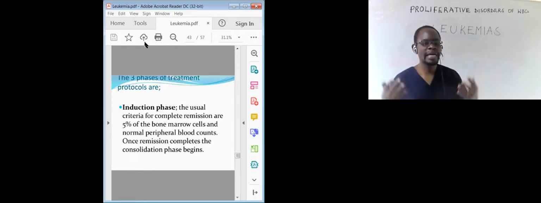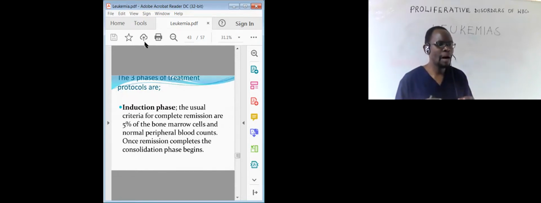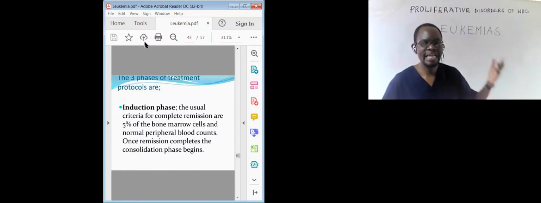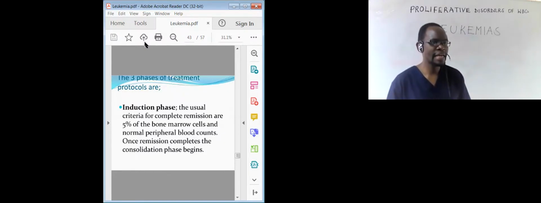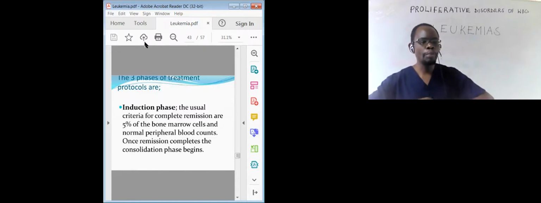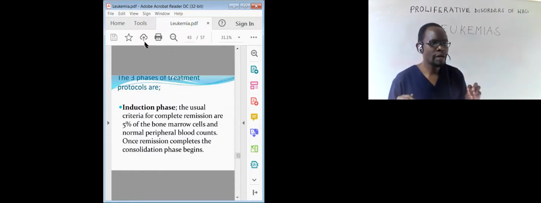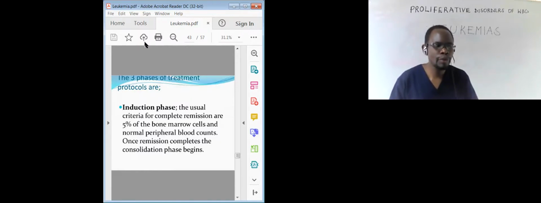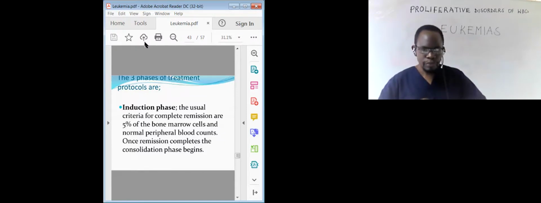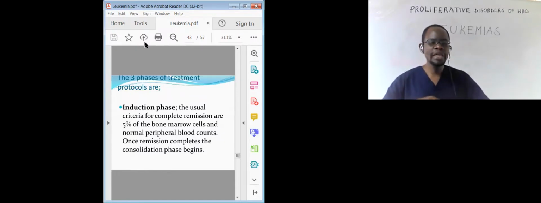You give this medication to attain about 5% of the normal bone marrow cells, and also having the normal peripheral blood cell counts, all the blood cells. So once you're doing that, you're into what we call the induction phase, and as you're doing this induction, you expect to have remission.